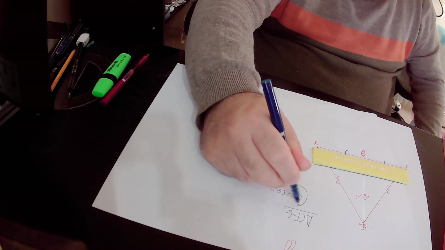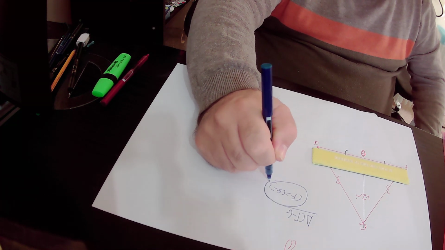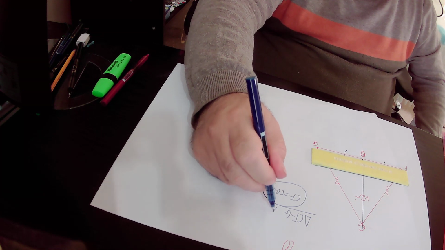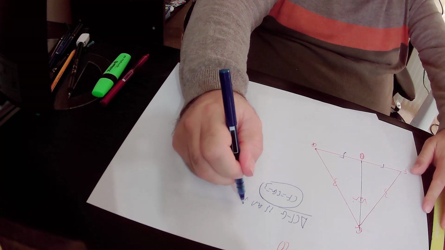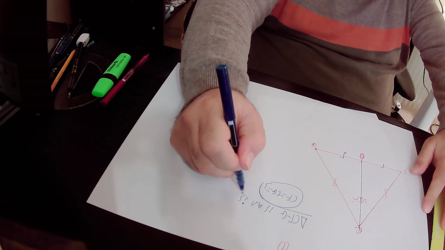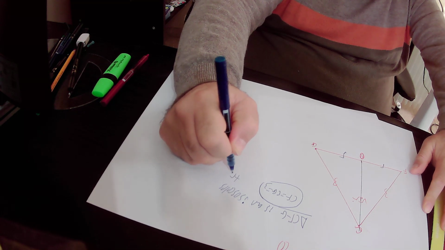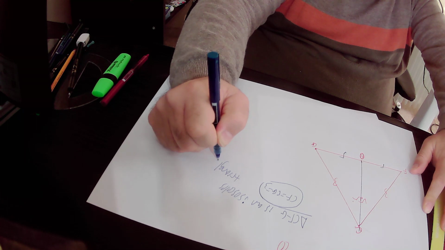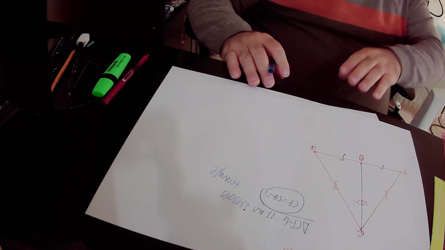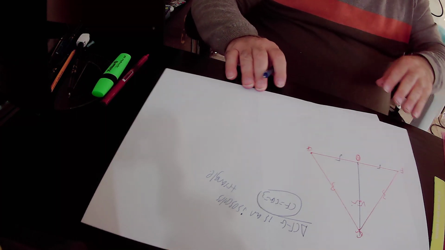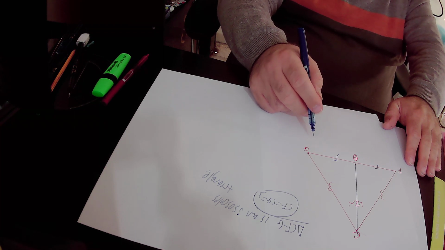Therefore, triangle CFG is an isosceles triangle. Because it has two sides that are equal to each other, it is an isosceles triangle. In the isosceles triangle CFG, we know that FG is the base of the isosceles triangle.